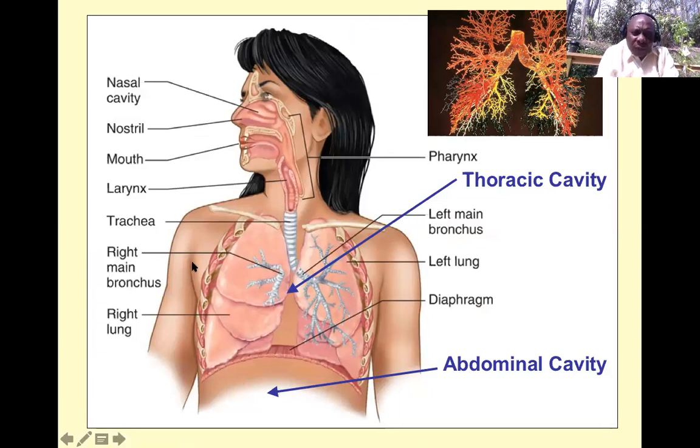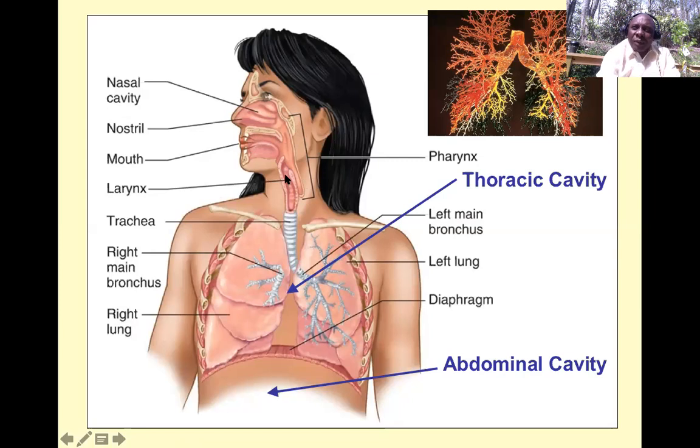So we start from the nose, the nostril, the nasal cavity, the mouth, and then the pharynx, and then the larynx, where the sound box is.